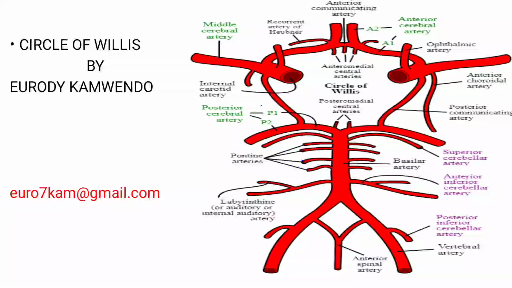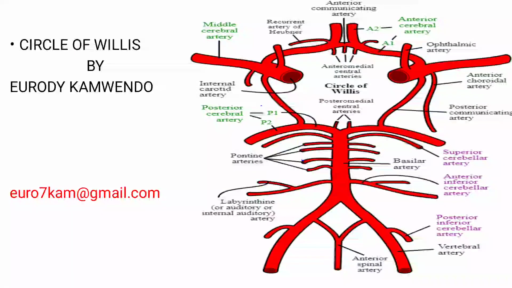Now, from the left and the right anterior cerebral arteries, if you're able to take note of these structures that I was circling there, the right and the left anterior cerebral arteries are connected by the anterior communicating artery, and this allows blood to flow across the anterior part of the circle of Willis. And blood from the basilar artery flows into the posterior cerebral artery.